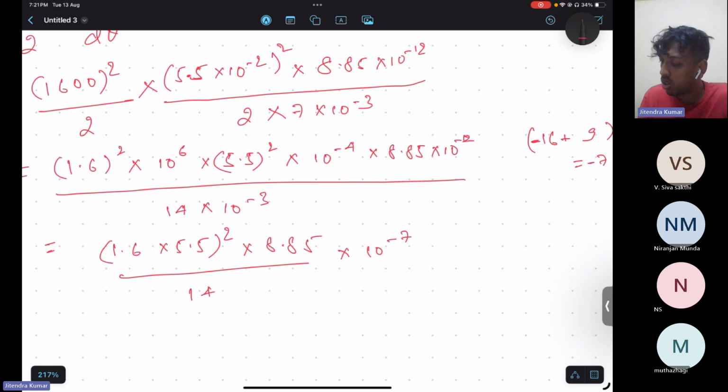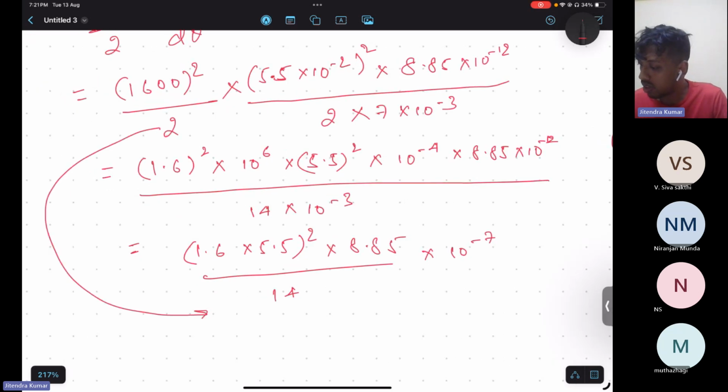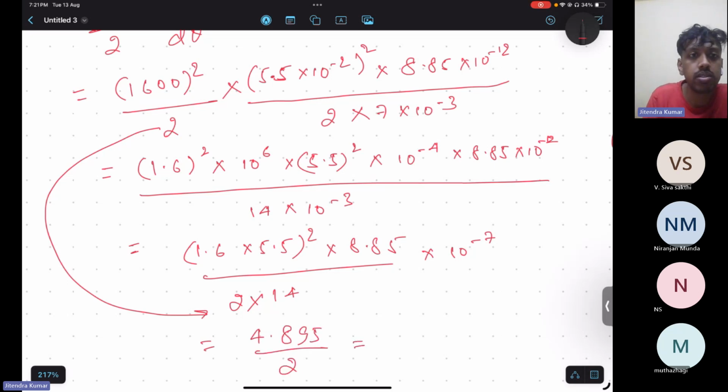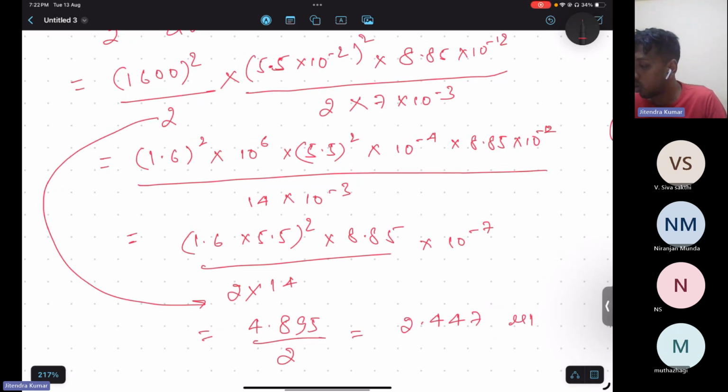Divided by 2. Yeah, this 2 we have left here; this 2 also will come here. So 4.895 divided by 2 is nothing but 2.447 micronewton meter. So I hope you are getting the same value, 2.447.